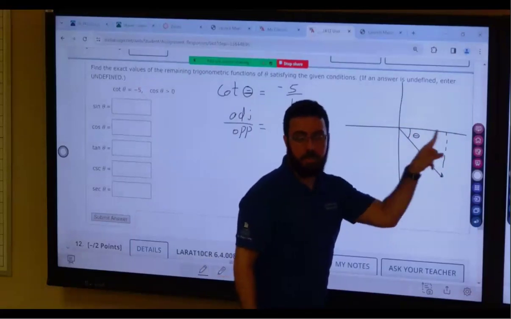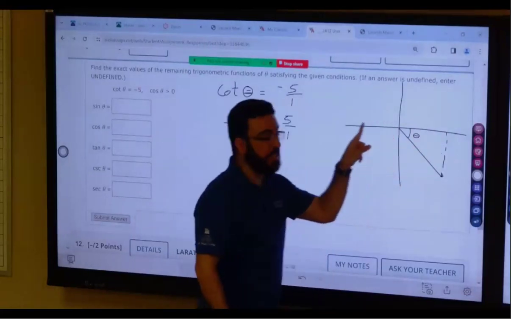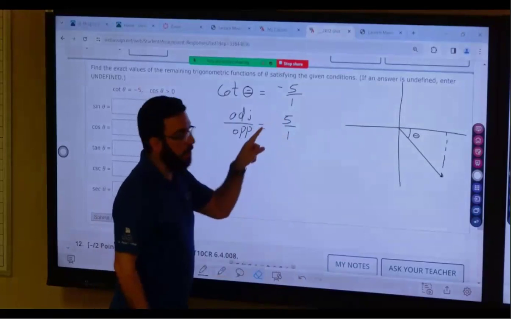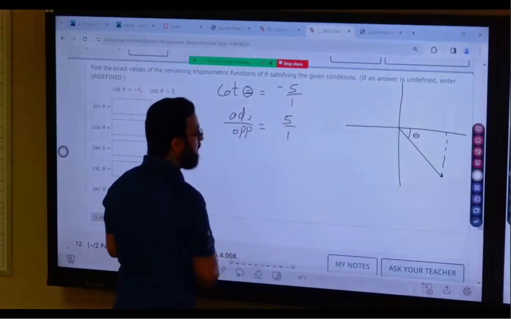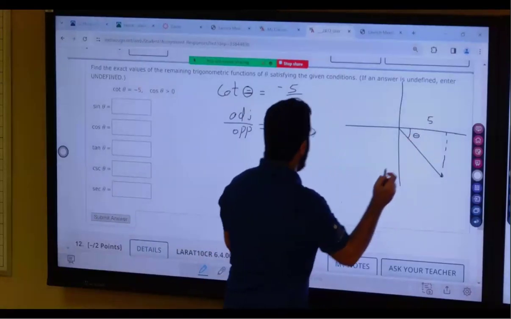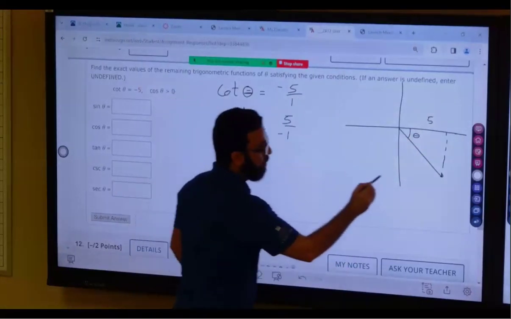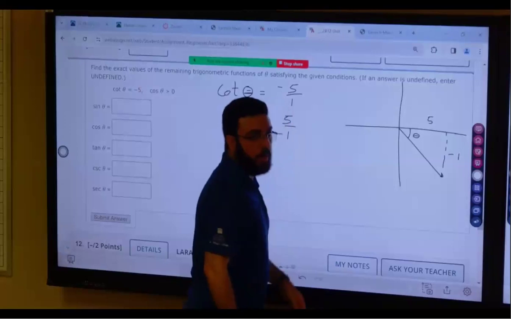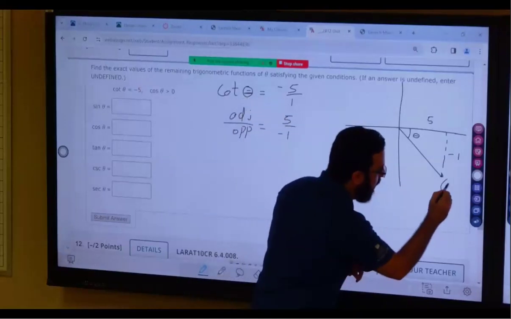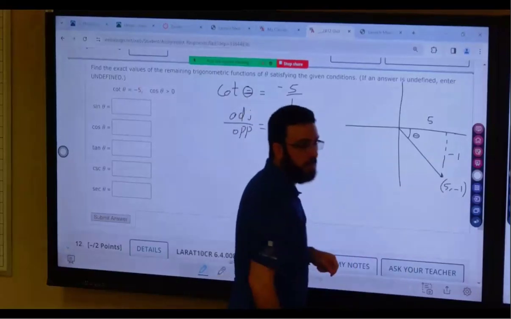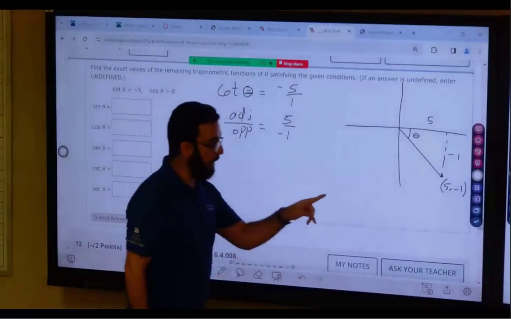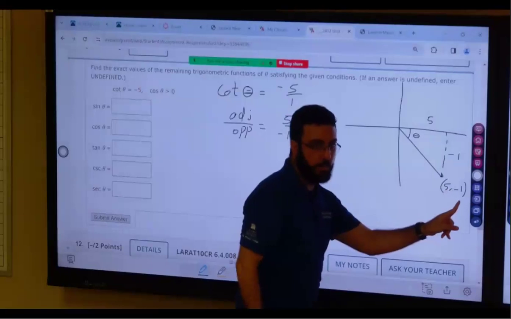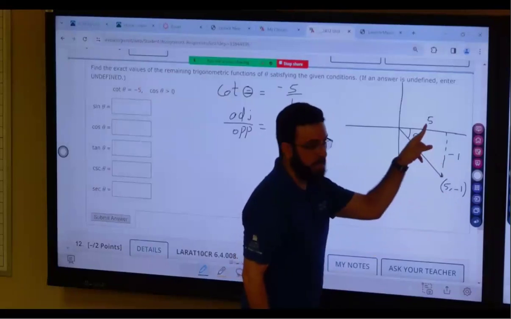Is the x here positive or negative? Positive, that means 5 is positive. So the negative sign goes on the 1. So here is -1. That means the point here is (5, -1). You got it now? Here's -1 and here's the 5.